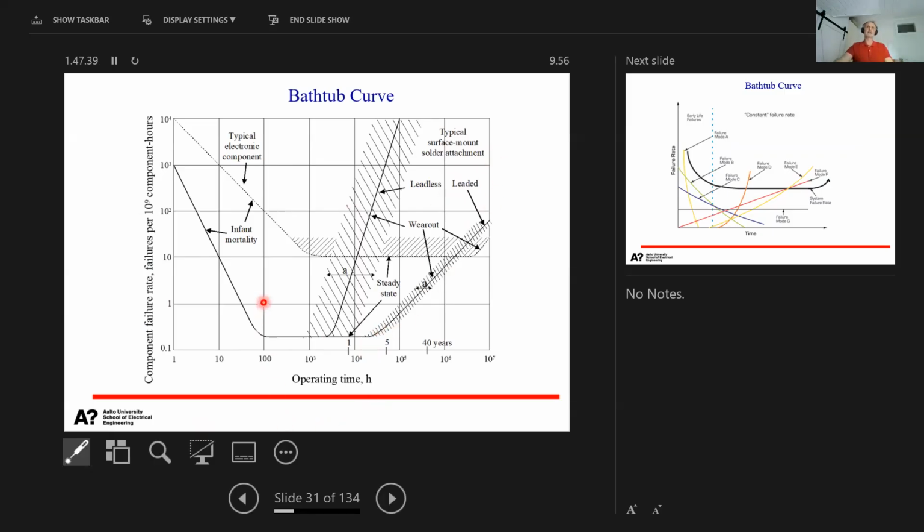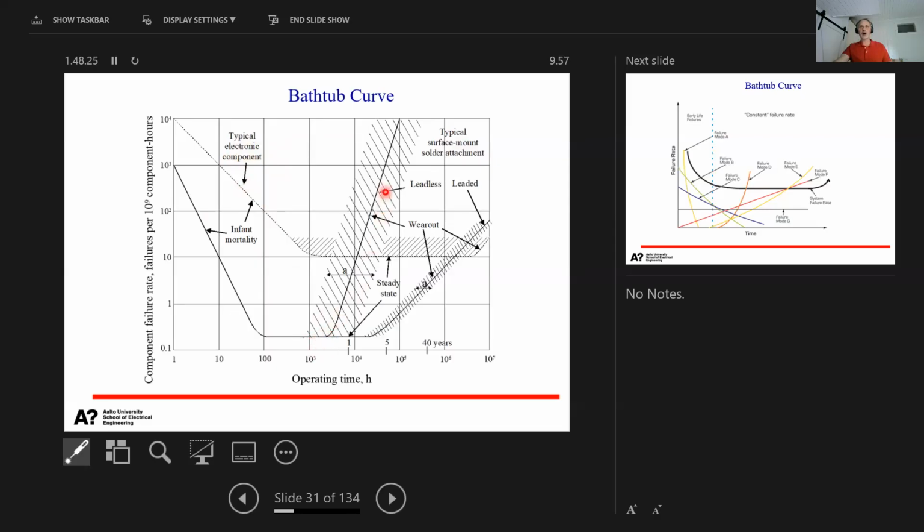Now this is a little bit strange looking curve, but the point is to show that if you have a standard component board, meaning a printed wiring board with a certain number of components soldered on the board, typically the components dominate the infant mortality. The solder joints do not fail early unless you have severe manufacturing problems. So the component quality is dominating the infant mortality.